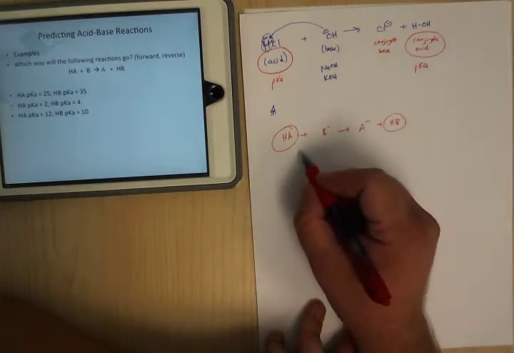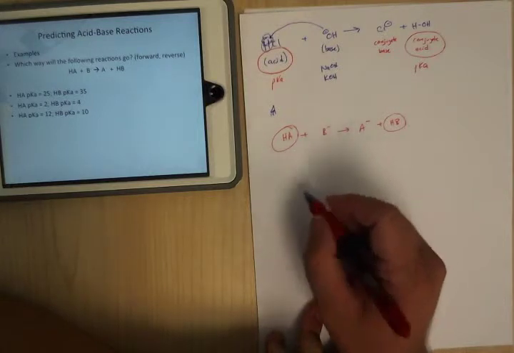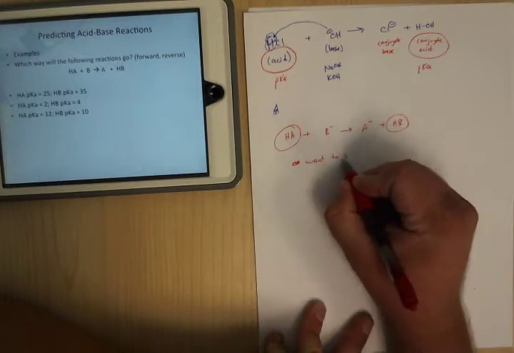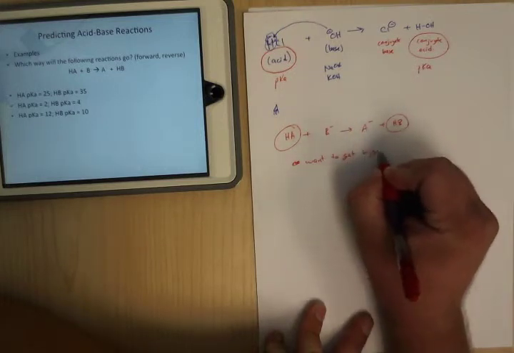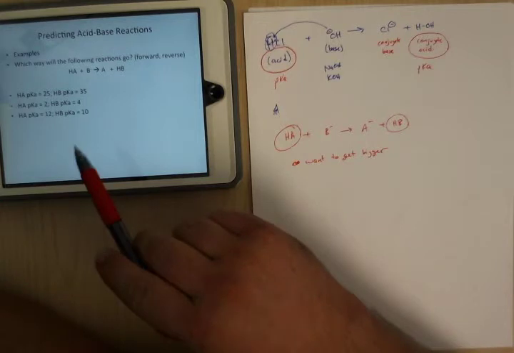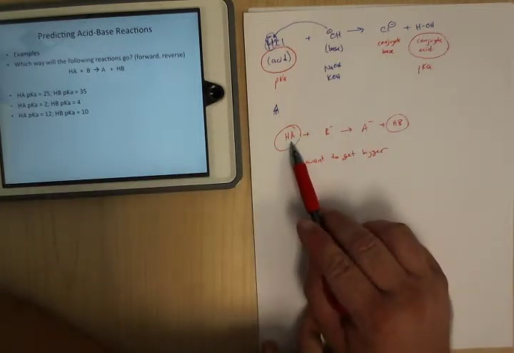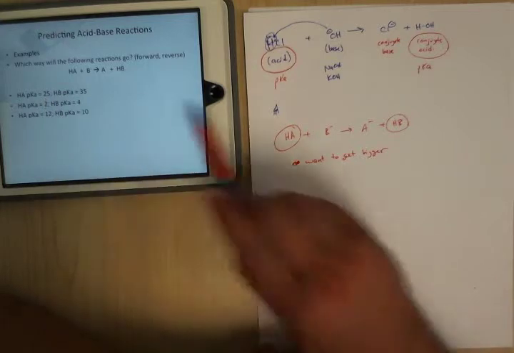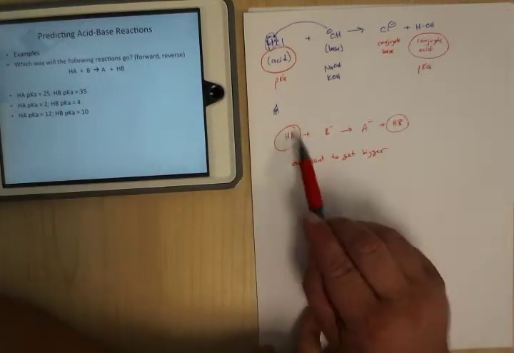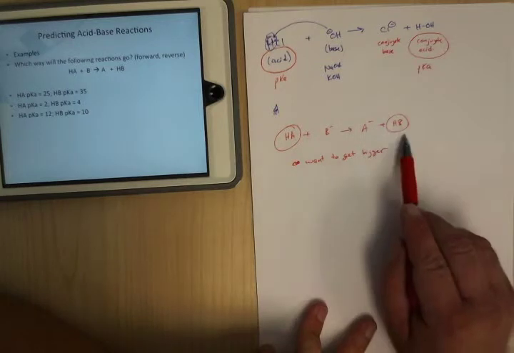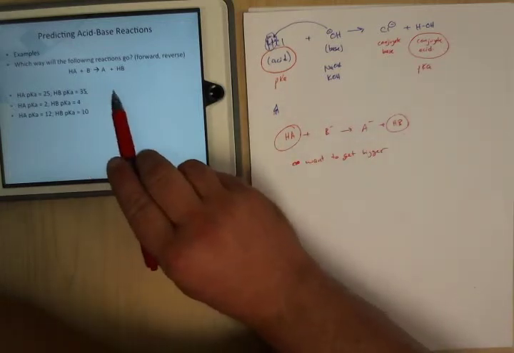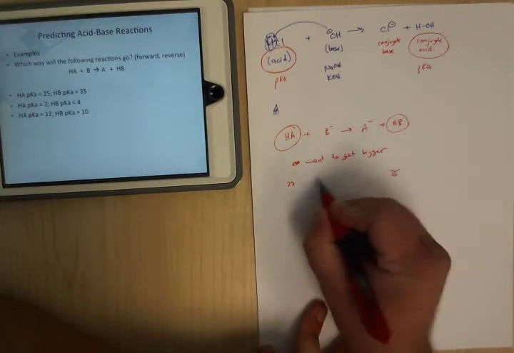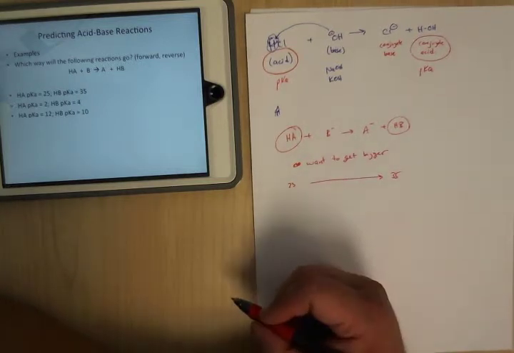We want it to get bigger. So which way is it going to go? In this case this is low and this is high, so you want it to get bigger. Going from 25 to 35, the reaction is going to go forward. Going from 2 to 4, the pKa gets bigger, so it's going to go that way.